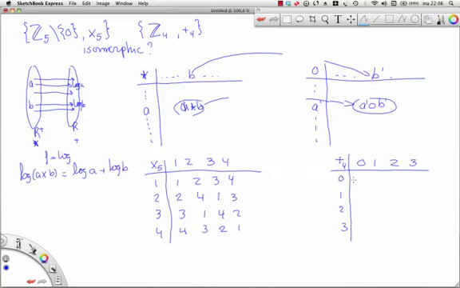And if I fill this out, 0 plus modulo 4, 0 gives me a remainder of 0. 1 plus modulo 4, 0 gives me a remainder 1, and so on.